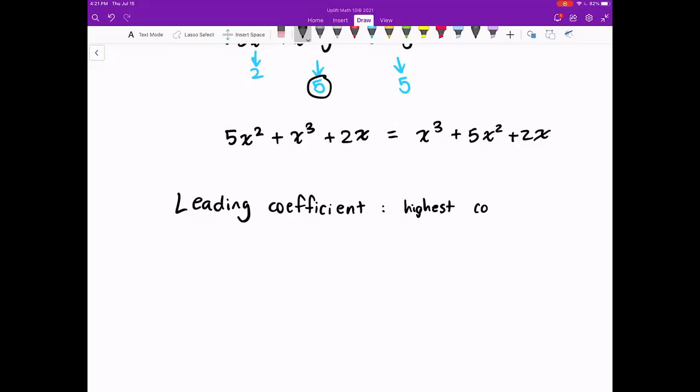Do you guys all know what a coefficient means? I don't know if highest coefficient really describes it. I think the leading coefficient is the coefficient of the highest degree term. Okay, yeah, that sounds better.